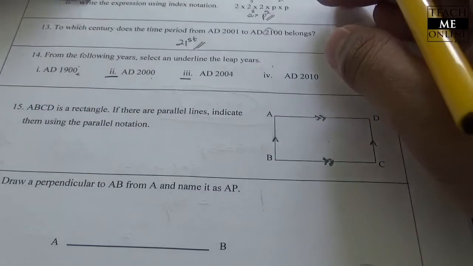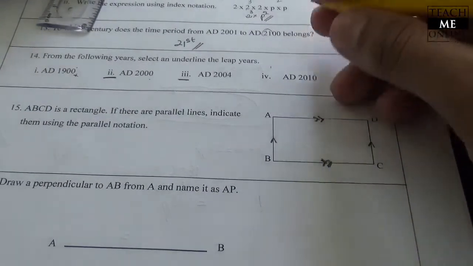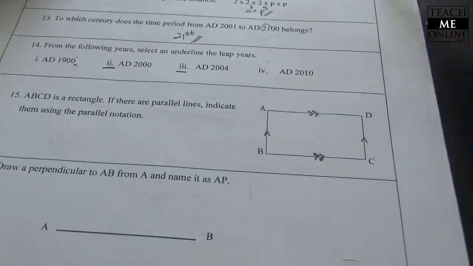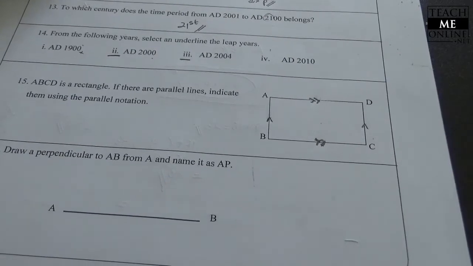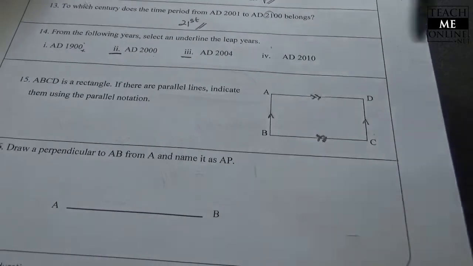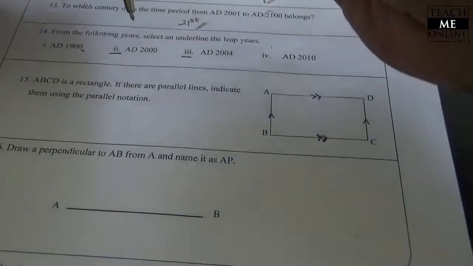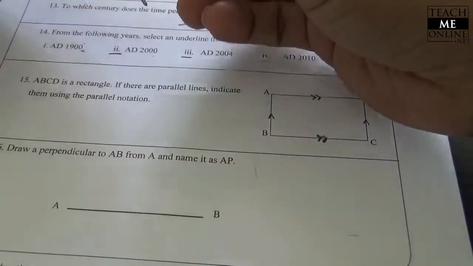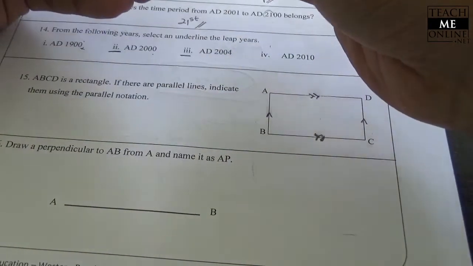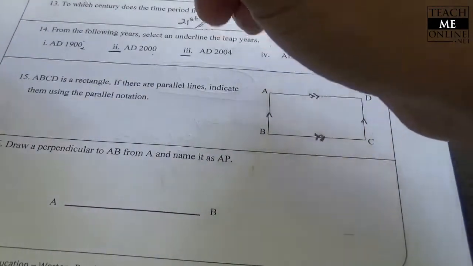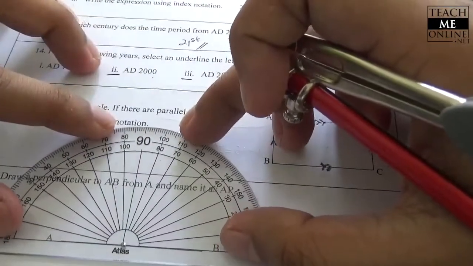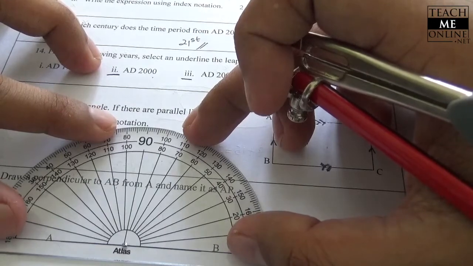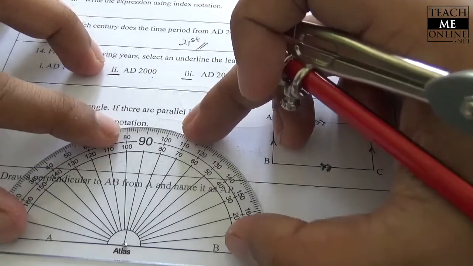Question number 16. Draw a perpendicular to AB from A and name it as P. So to draw the perpendicular, take your protractor, keep it like this. Perpendicular means that the line forms 90 degrees with the line AB.